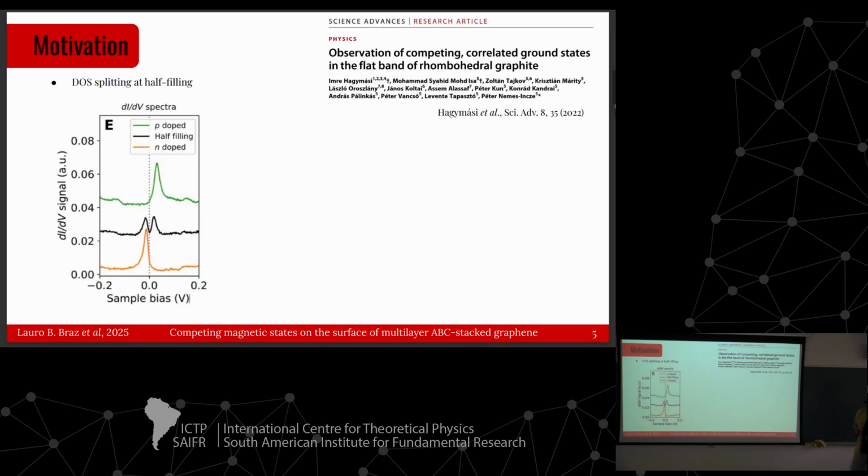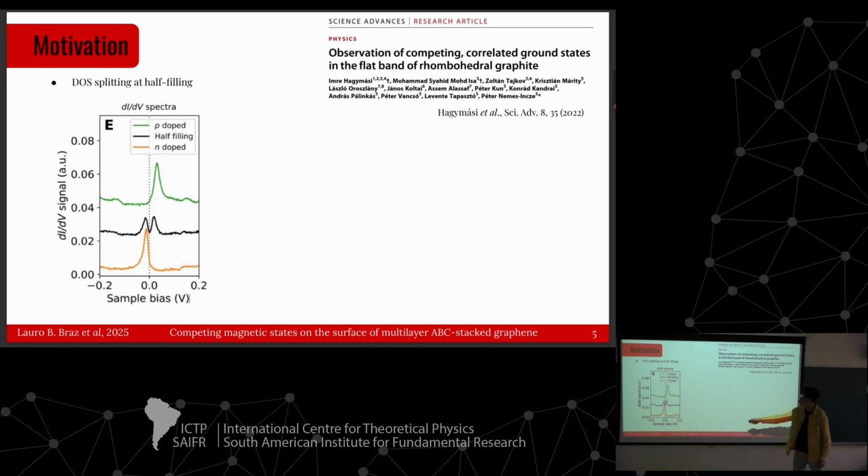The main motivation is this experimental work where they actually measured competing correlated states in this system. What you're seeing here is the density of states as measured by STM experiments.